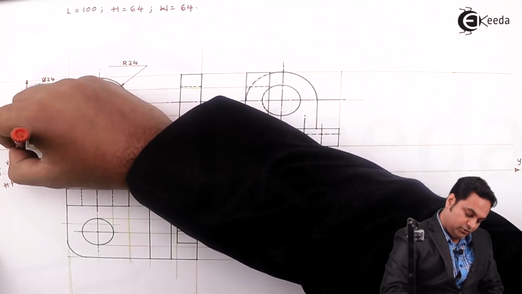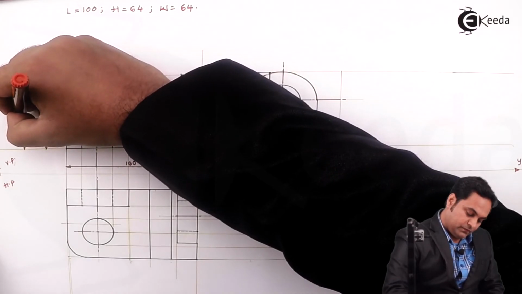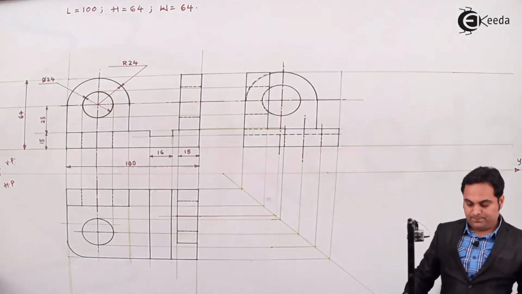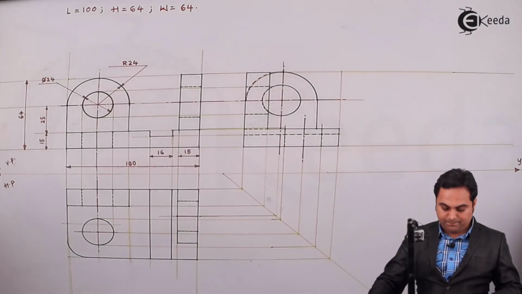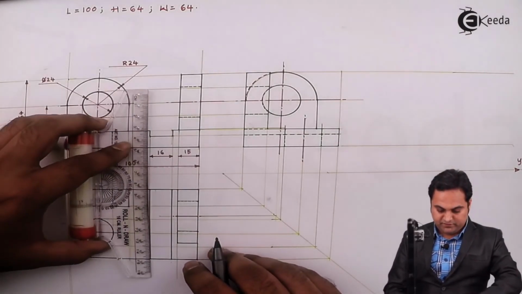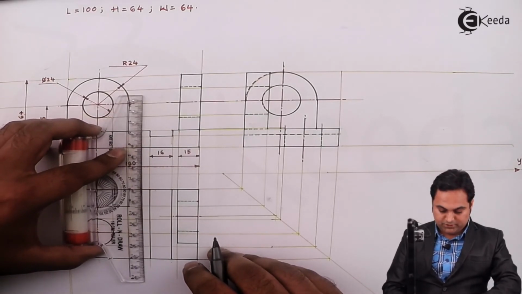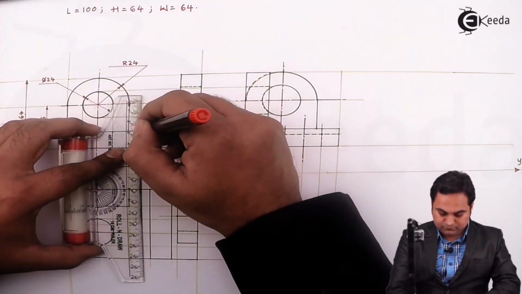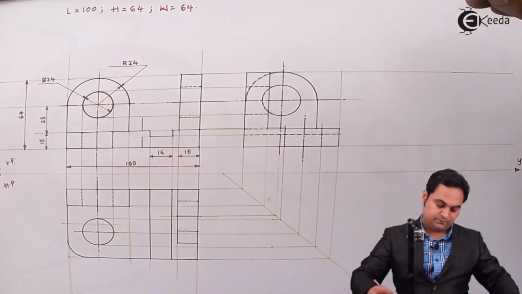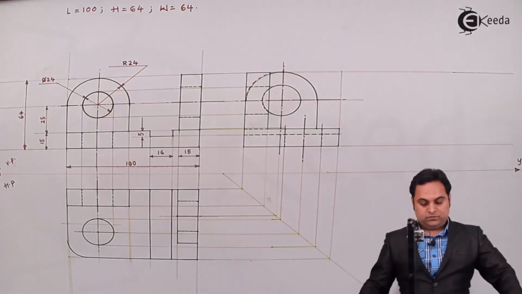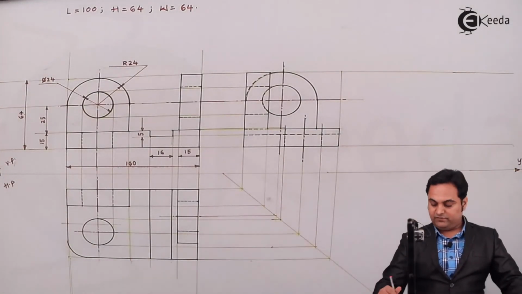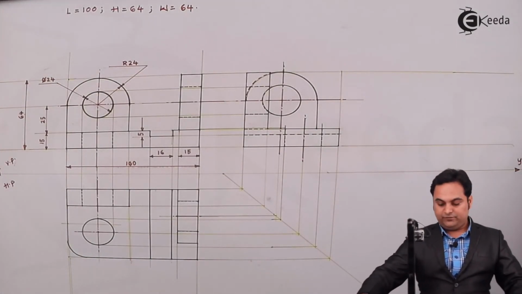The total height in the front view is 64 mm. Then here, this gap, it is of 5 mm. So for that, if possible, we can give the dimension here itself. Then once we have given the dimensions in the front view.